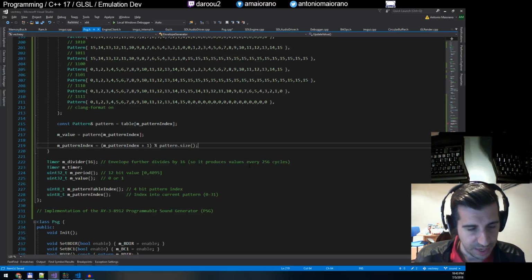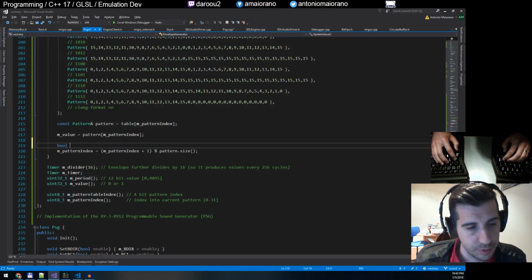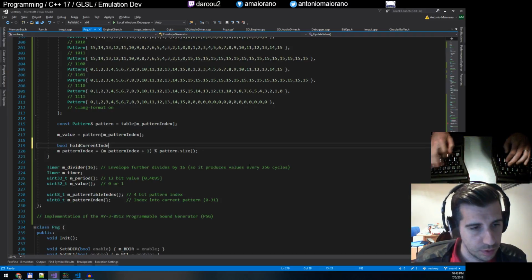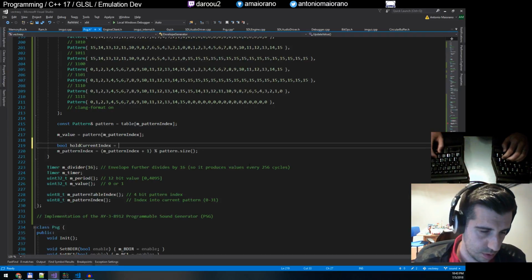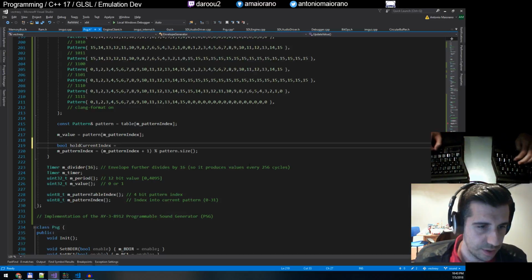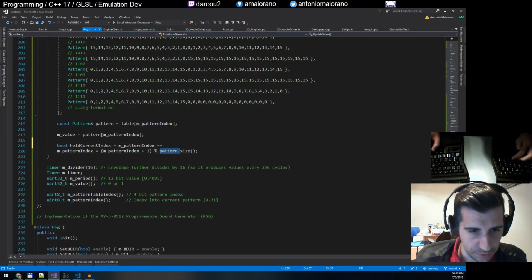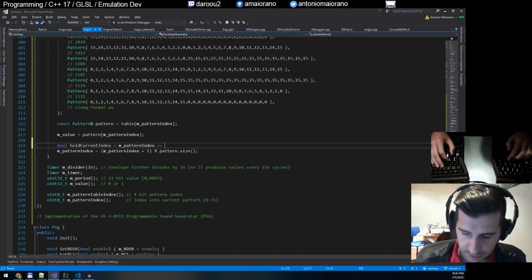But before we do that, we want to know whether we should hold it. So we'll ask if we should hold it if our current pattern index is equal to the last value.